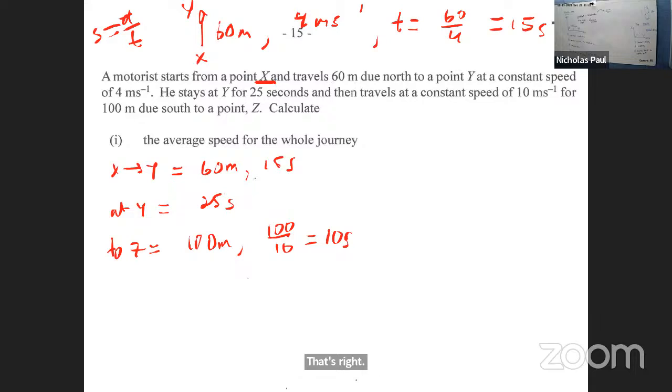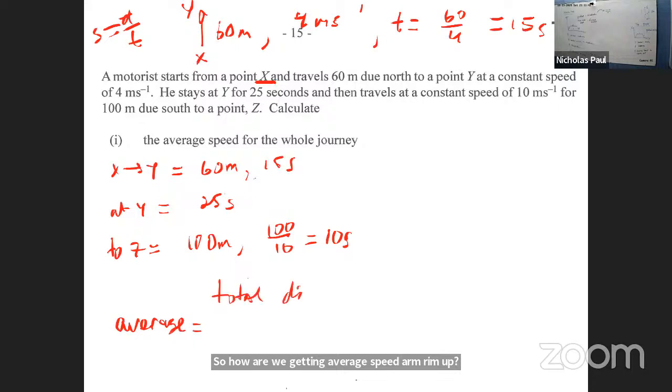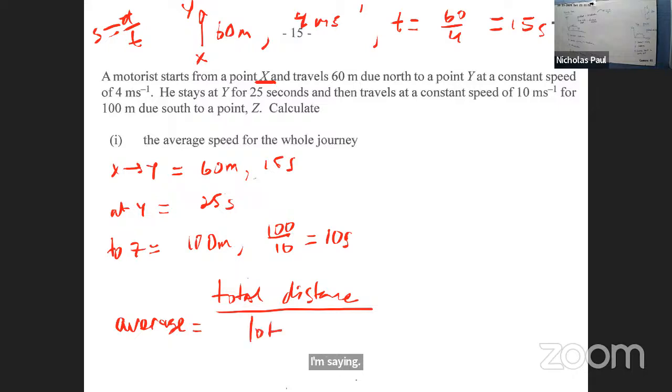So all I did is find the total distance and total time and everything that we needed. You see that? So how do we get average speed? Remember, total distance. It has to be total. So tell me what the total distance is. Yeah, total distance is what?